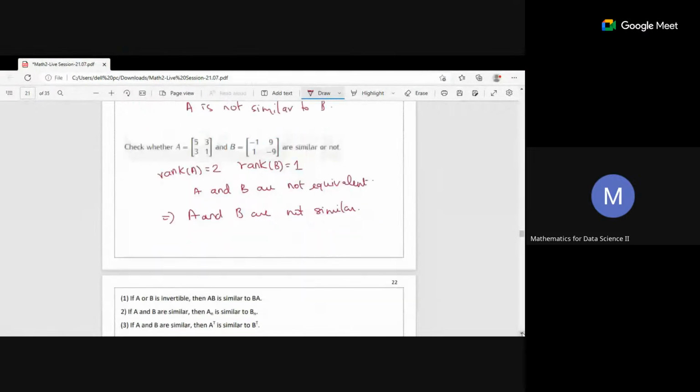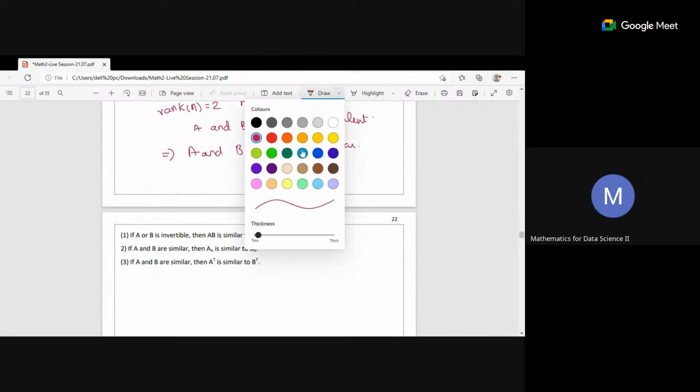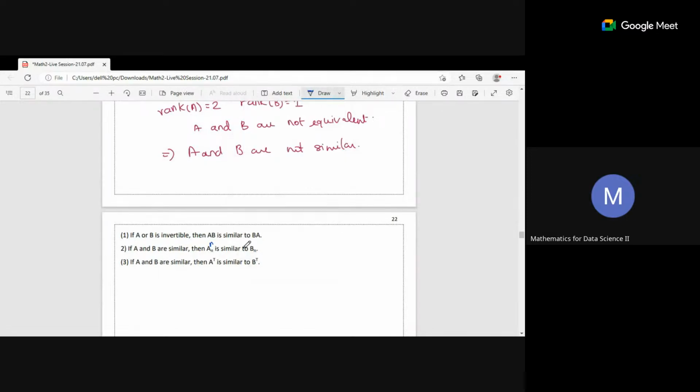Fine. So which of these statements is true, or verify these statements? It is A power n, B power n. The very first statement is: either A or B is invertible, then AB is similar to BA. How to do that?